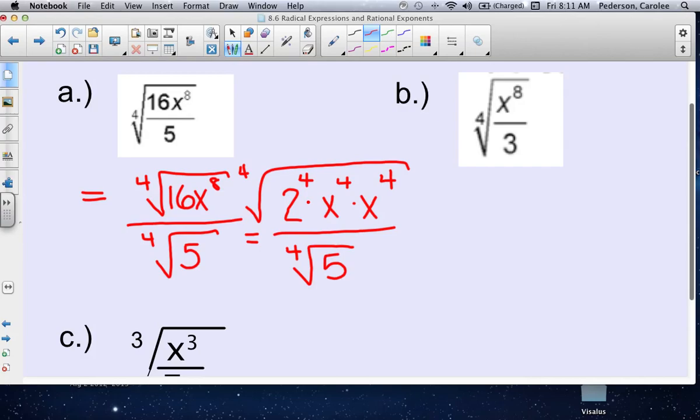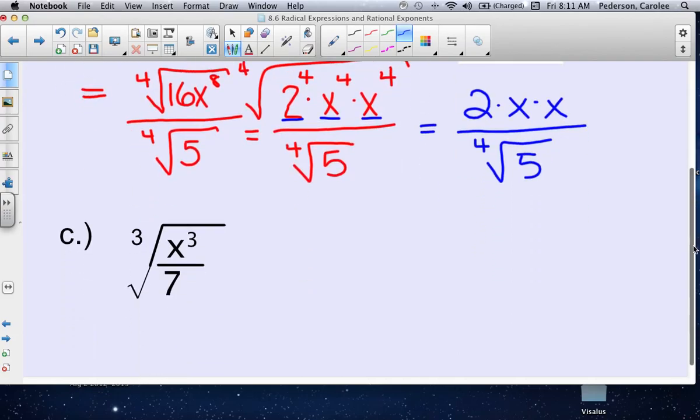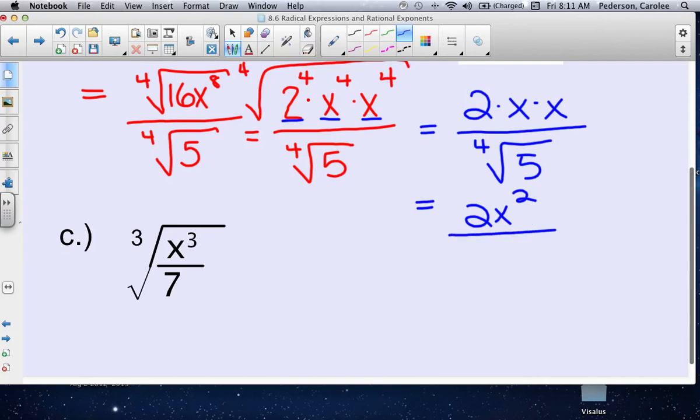And then we'll just leave that denominator alone. Now, what goes out in front is a 2, an x, and an x, over the 4th root of 5.